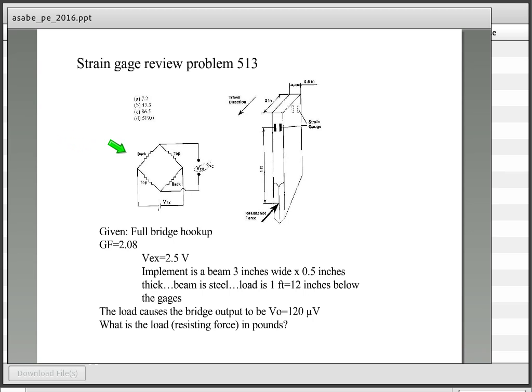Strain gauges are just little grid type resistors that can be applied to a surface with a special adhesive, and then when the surface of the material undergoes strain, the strain gauge itself undergoes strain and changes resistance very minutely.